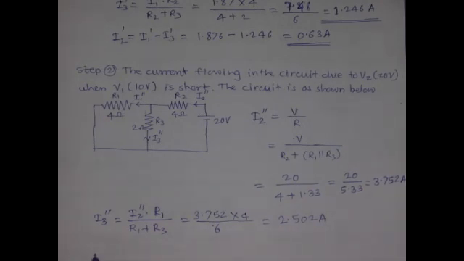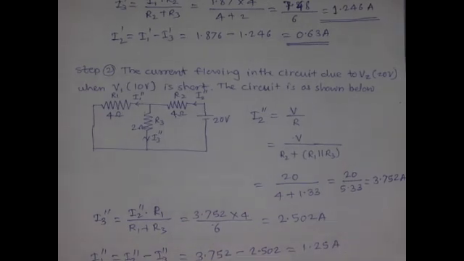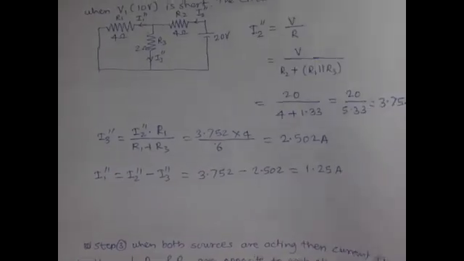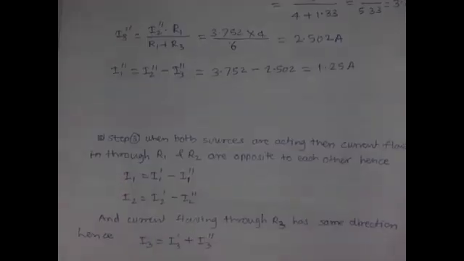And the value of I1 double dash is represented as I2 double dash minus I3 double dash, that is 3.752 minus 2.502, which gives the value approximately 1.25 ampere.